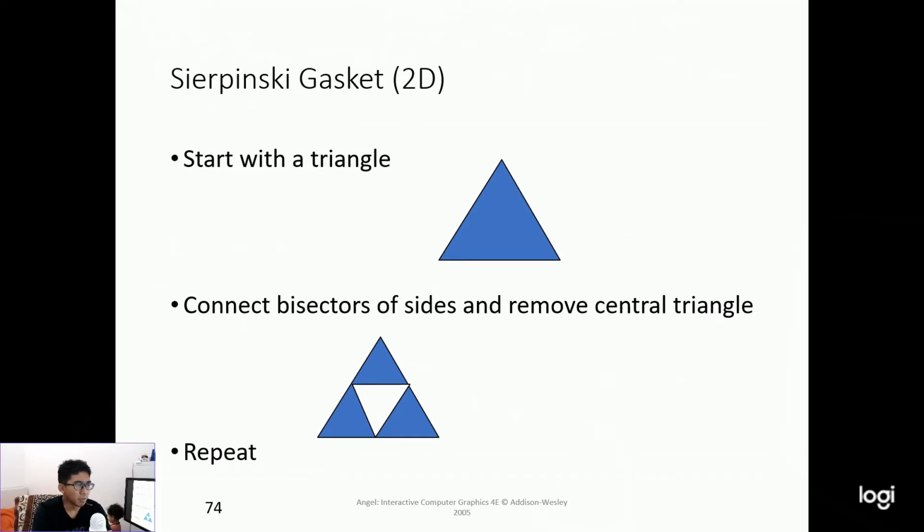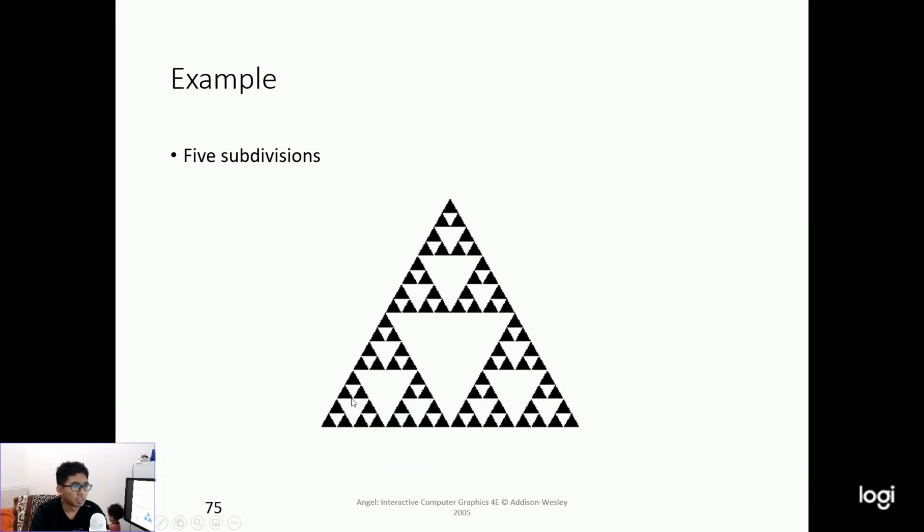And then what you're going to do with the triangle is divide at the midpoints of its sides, and then it becomes something like this. And then you're going to repeat it until 5 subdivisions. So it becomes something like this. It's a very nice 2D Sierpinski gasket.